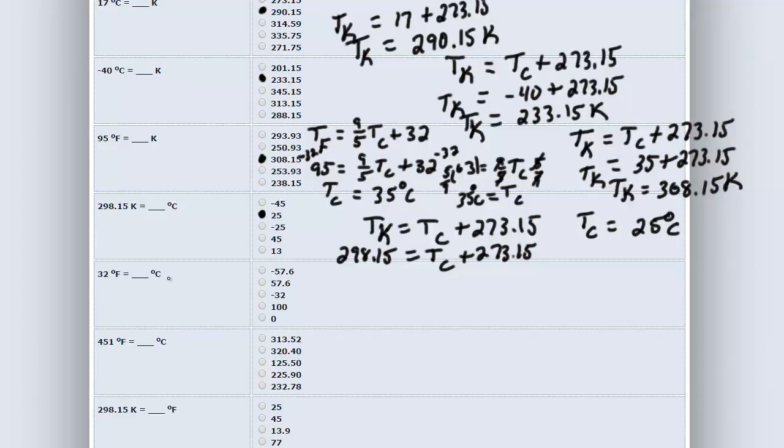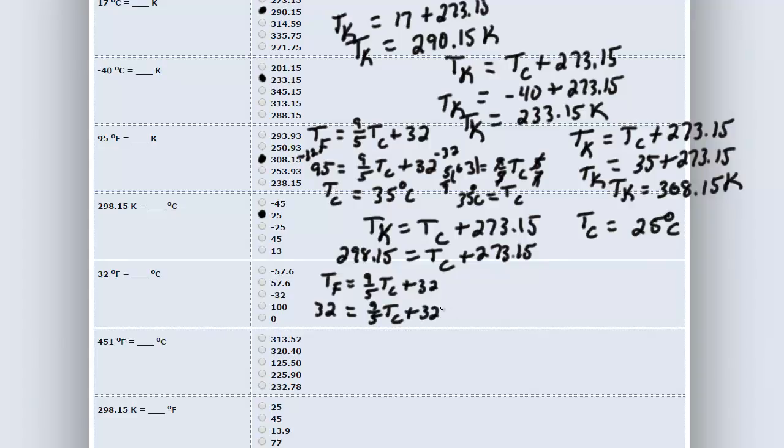32 degrees Fahrenheit is what amount in degrees Celsius? The temperature in Fahrenheit is equal to 9/5 the temperature in Celsius plus 32. Temperature in Fahrenheit is 32. So 32 is equal to 9/5 the temperature in Celsius plus 32.